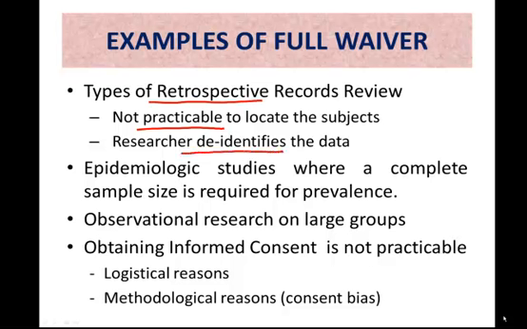A full waiver may be justifiable in epidemiologic studies where a complete sample size is required for accurate prevalence rates, and observational research on large groups. And then, as we discussed before, a waiver might be appropriate where obtaining informed consent may not be practicable for either logistical reasons or methodological reasons.